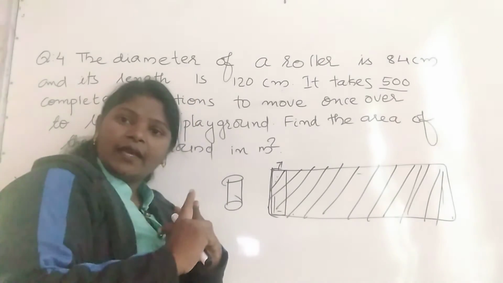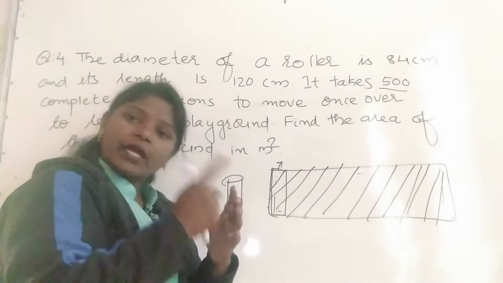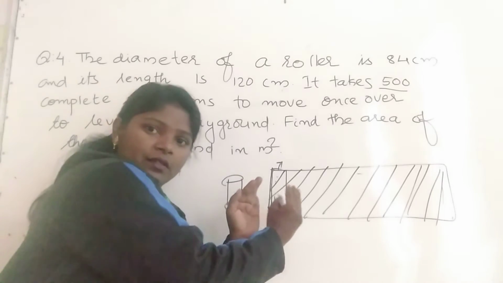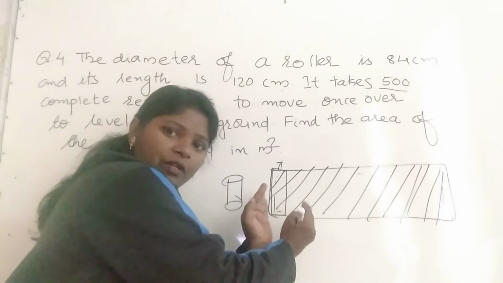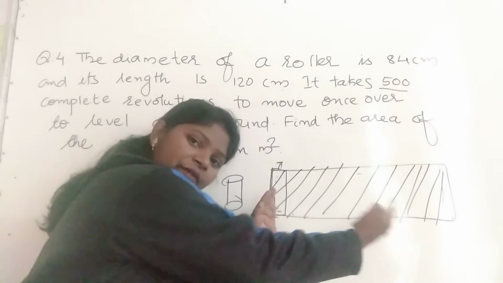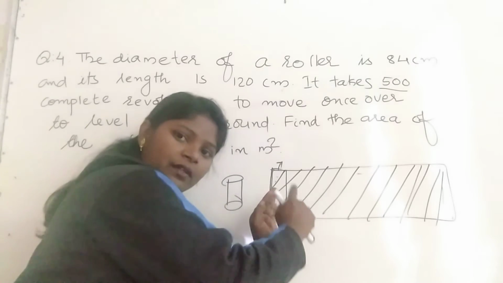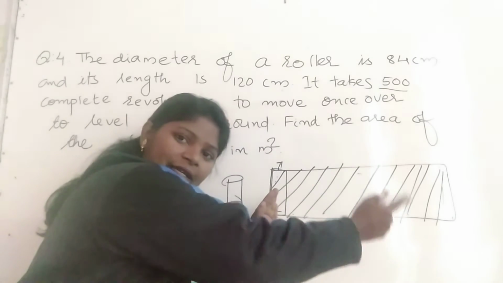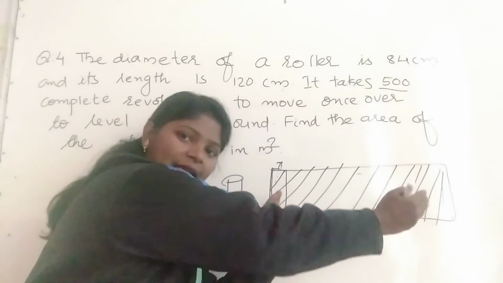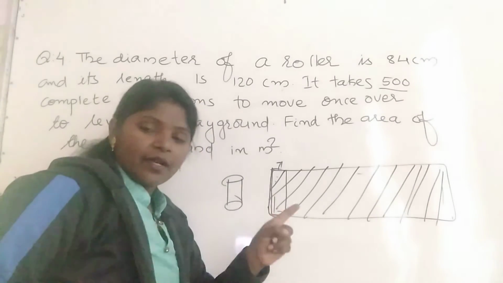If we know the unit area, then it is easy to find the area in 500 revolutions: the area by one revolution into 500 will be the total area. Did you understand?